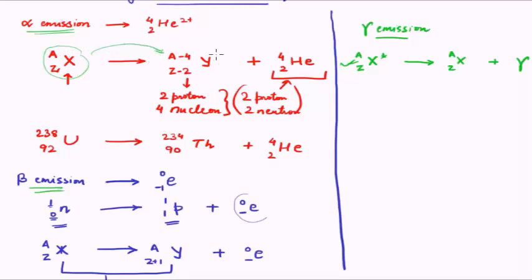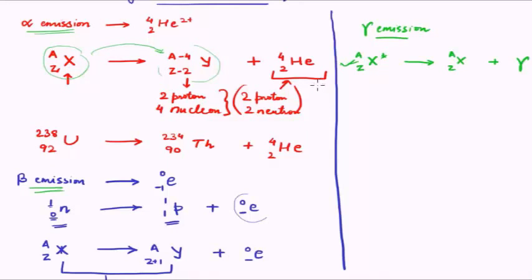Even this might not be stable, so it may further undergo another alpha emission to give Z-4 and A-8 daughter nucleus. Similar thing can happen in beta emission, that there might be multiple beta emissions to ultimately obtain a stable nucleus. And both the alpha and the beta emission, as we saw, can end up with a gamma emission.